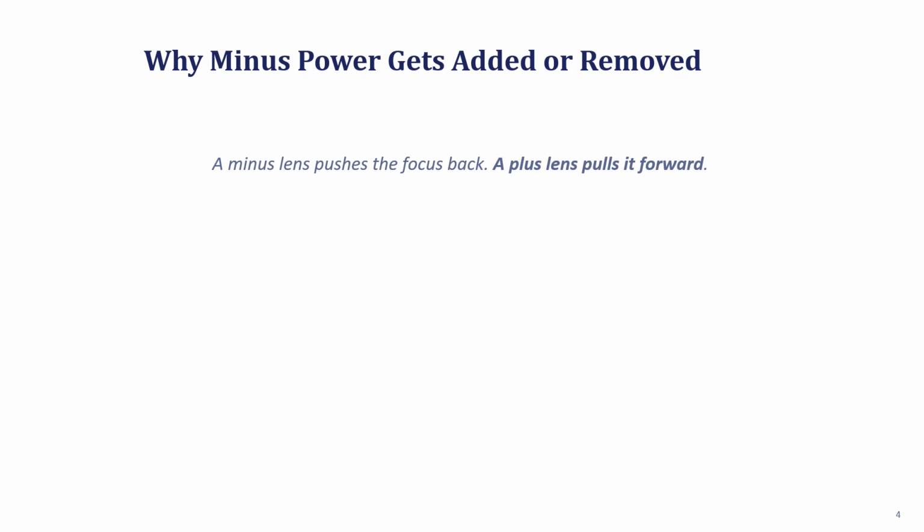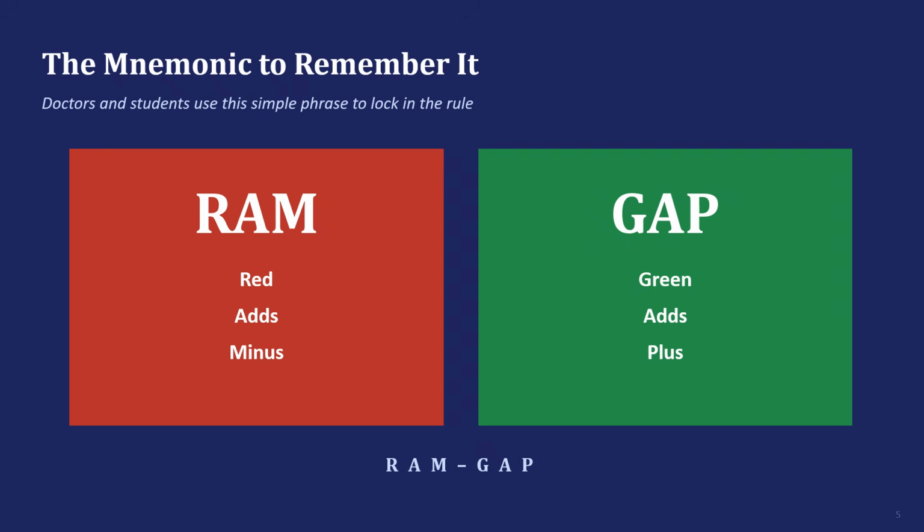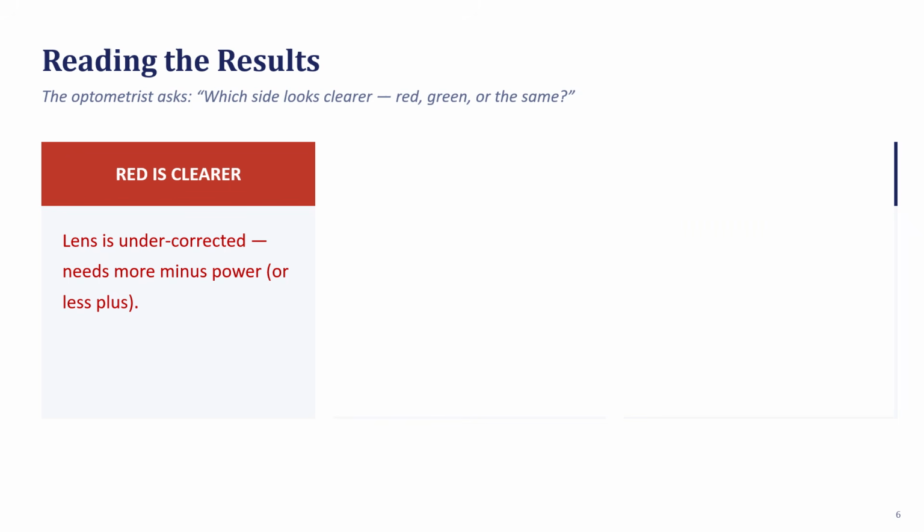A plus lens pushes the focus forward, so when green is clearer, you have to either remove the minus power or add plus power. That pulls the focus forward onto the retina. The mnemonic which is commonly used is RAM and GAP. That is, when red is clearer, you add minus, and when green is clearer, you add plus.